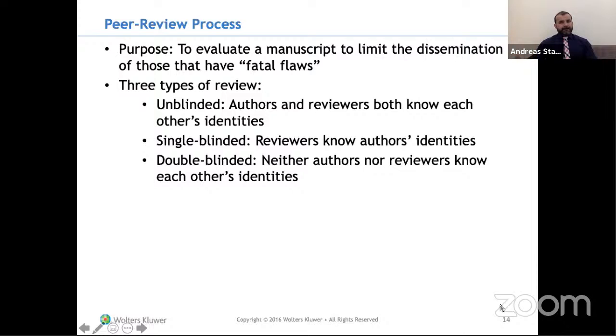So it really depends on how the journal wants to do things. There are journals that can be unblinded, single-blinded, double-blinded. The most common is double-blinded. It's not perfect, but the idea behind it is that I don't know your name, you don't know my name, so I'm not judging your work based on your name.